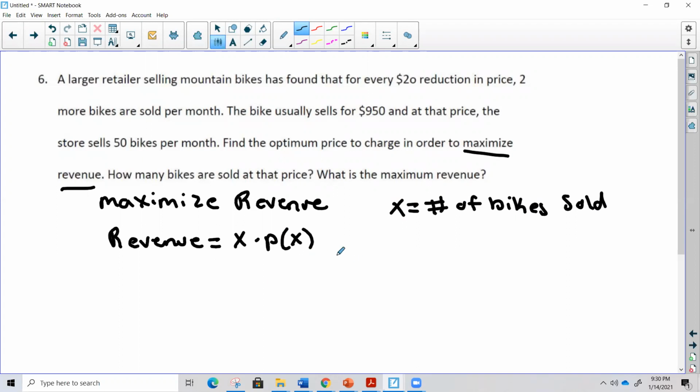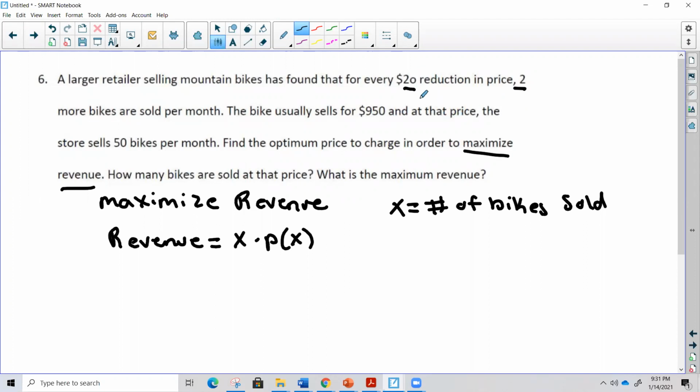Now, our demand function is going to be, in this case, linear, because when they describe the situation, they're saying as the price goes down by a fixed number, 20, the bikes sold goes up by a fixed number, 2. And so what that means is that we have a linear function because the slope is constant.